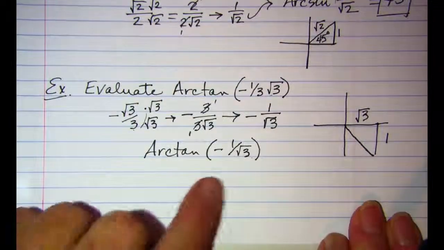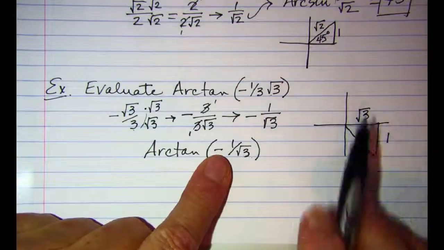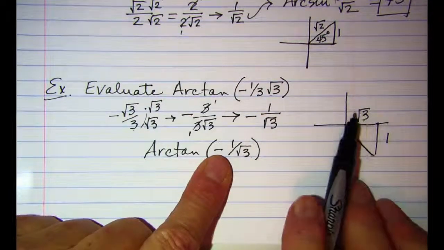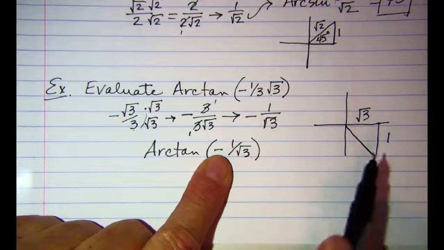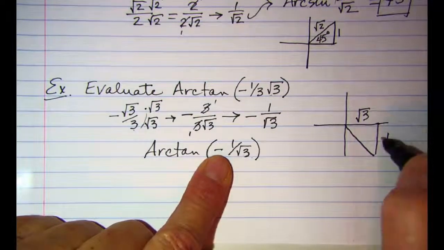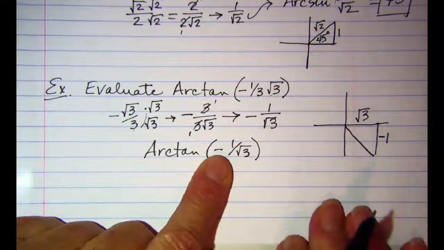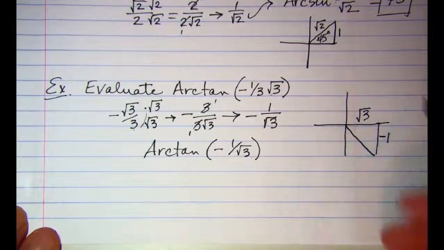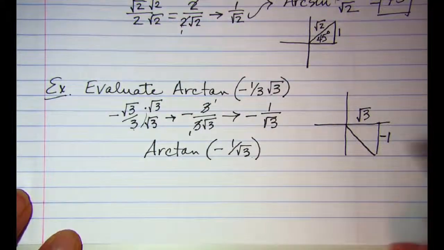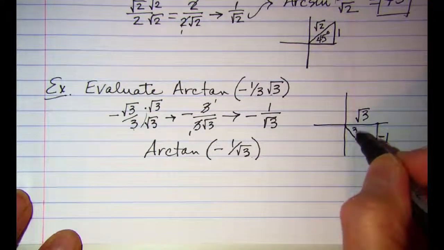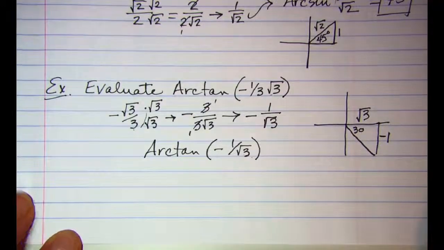Now you're probably wondering about that negative. This value is positive since it's going to the right of the y-axis. So my negative is going to go with the 1. So now I can recognize this as a 30, 60, 90 triangle, and my angle here is 30.